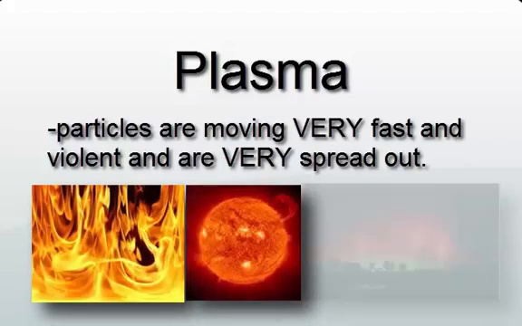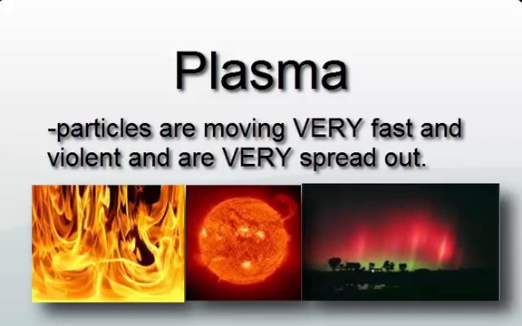Aurora borealis, which is the northern lights. If you've ever seen the northern lights, that's plasma in the universe. And that's the really, really high state of matter. We're never going to really play around with it in our lab, but I wanted to throw that out, that there is one other state of matter and it's called plasma.